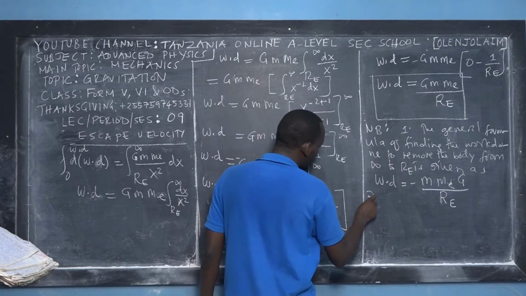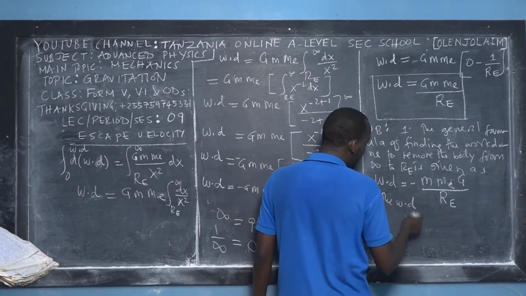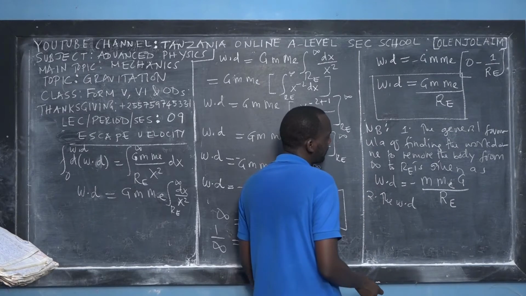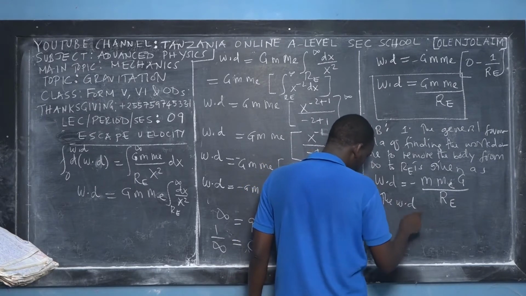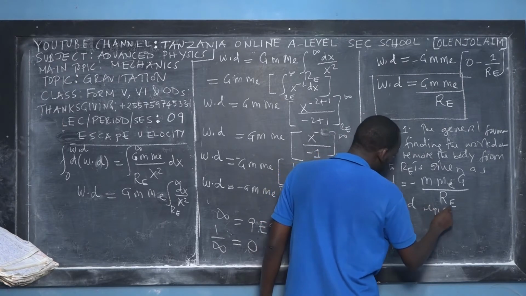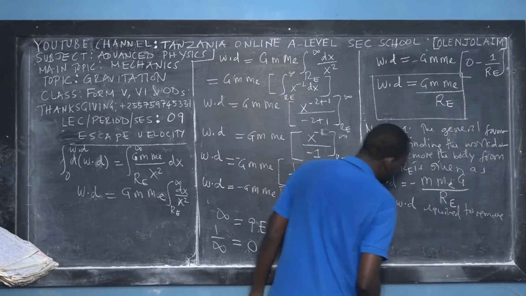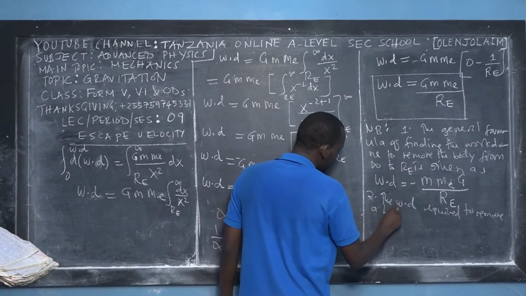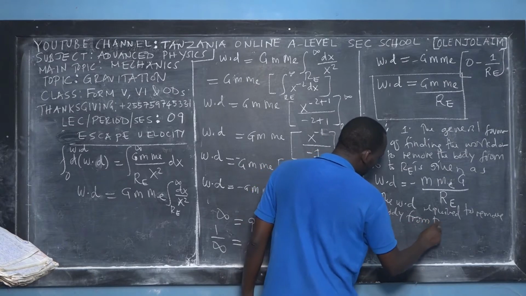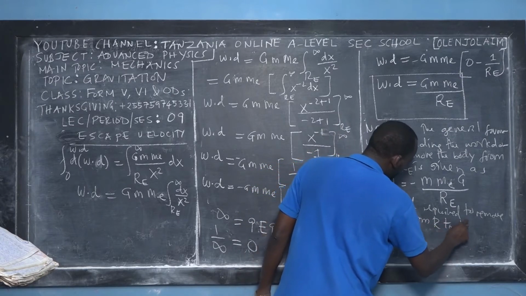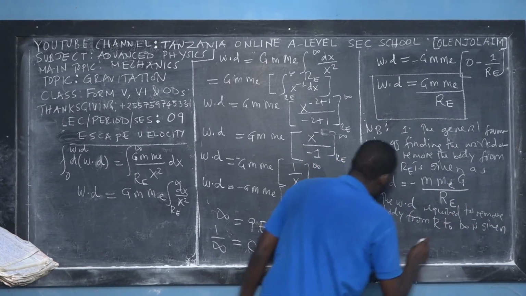So number 2, we say that the general formula for work done required to remove the body from r to infinity is given as what?